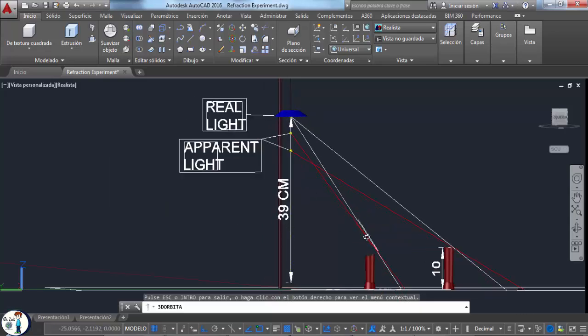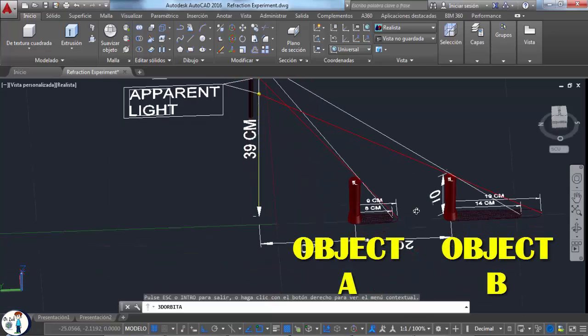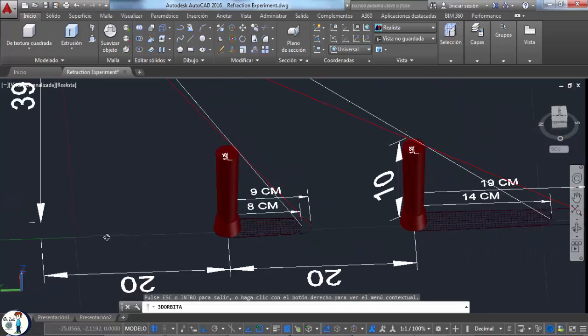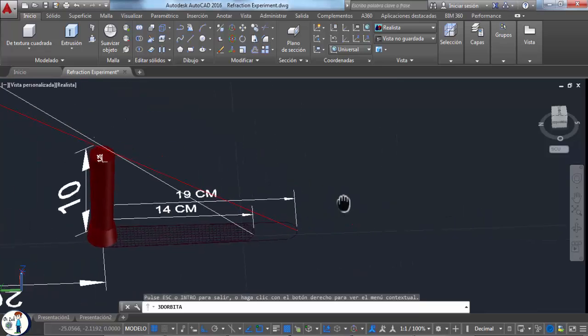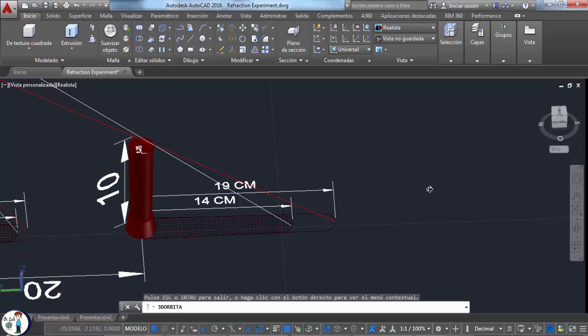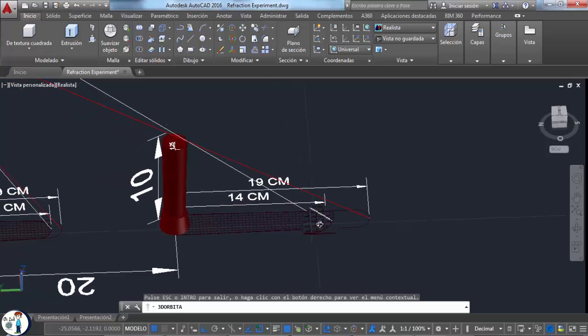So the first shadow of object A before refraction was 8 centimeters. So I calculated that if we added the water, the shadow would be 9 centimeters and not 7 like these people think. And I did the same thing with object B, and the first shadow of object B was 14 centimeters. So after refraction, you might think it would be 15 centimeters. Or 13 centimeters if you still think like these people.